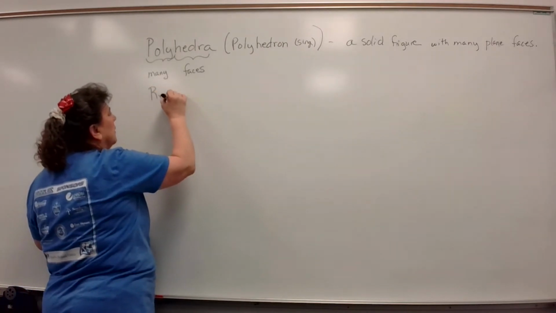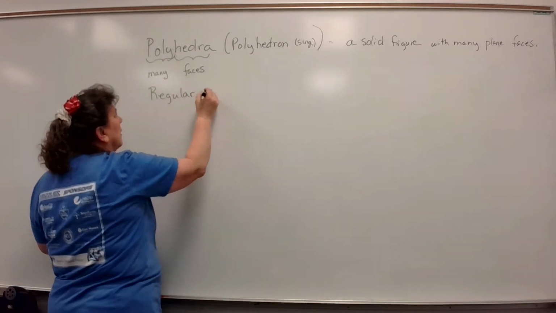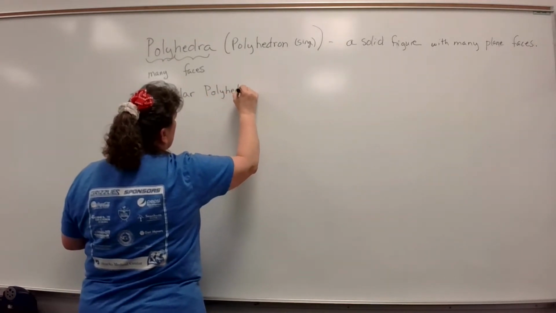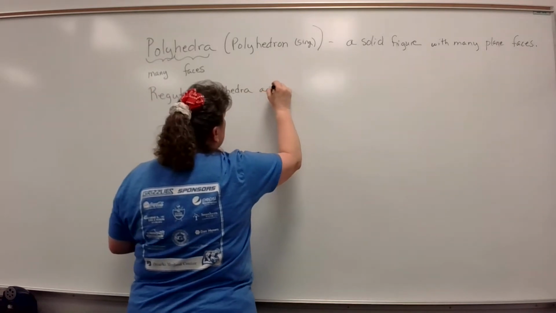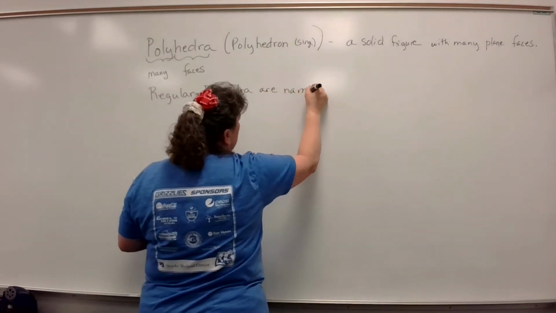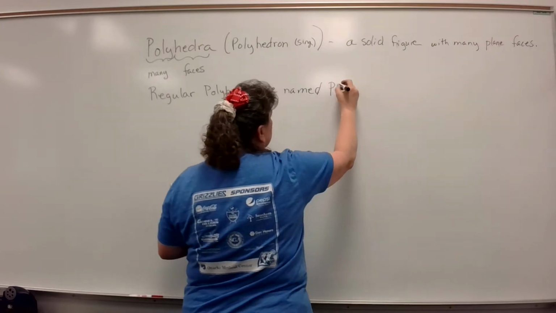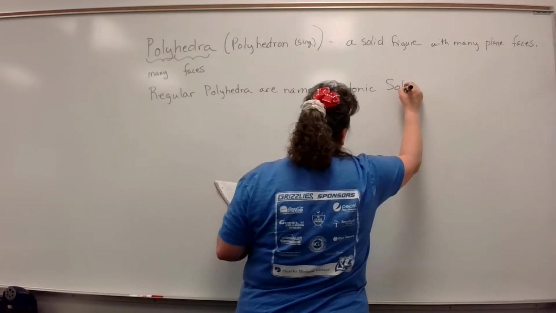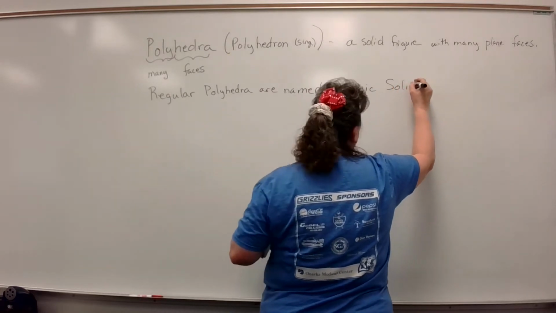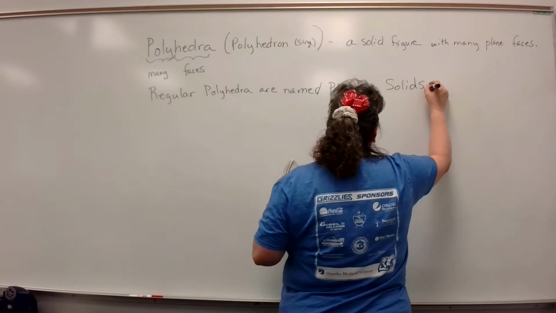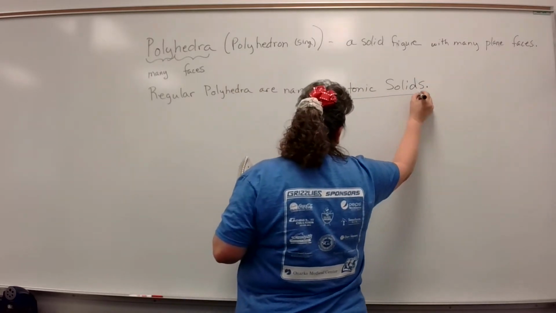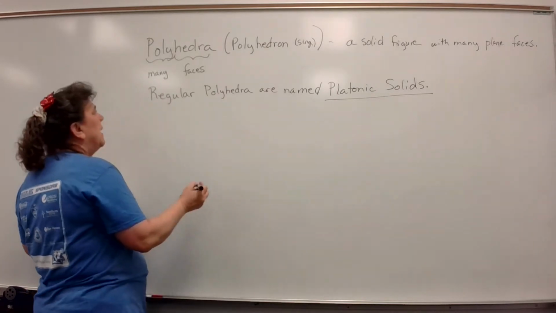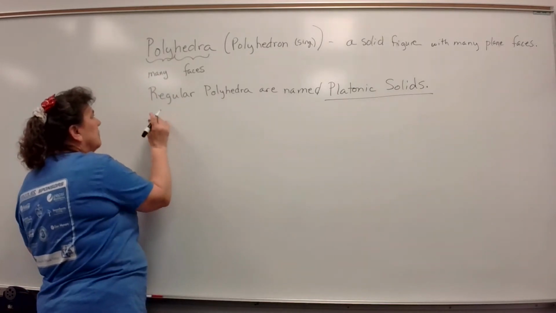Regular polyhedra are named platonic solids. So these are a special kind of polyhedra. Okay, we also have, these are polyhedra.